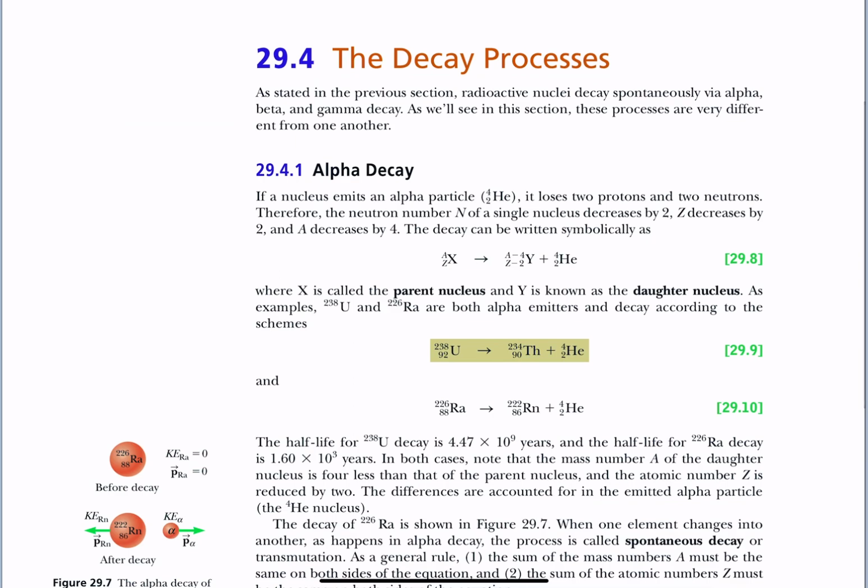Now, when we say something decays, there is a natural decay that goes on for compounds that are naturally radioactive. And there's also the kind of decay that takes place when we have synthesized, so to speak, radioactive nuclei.